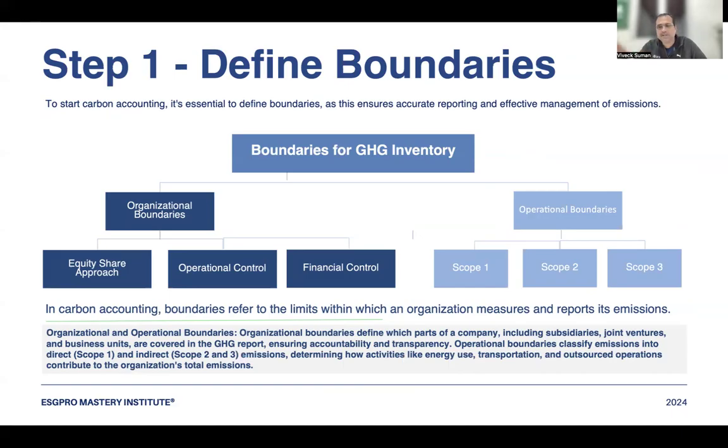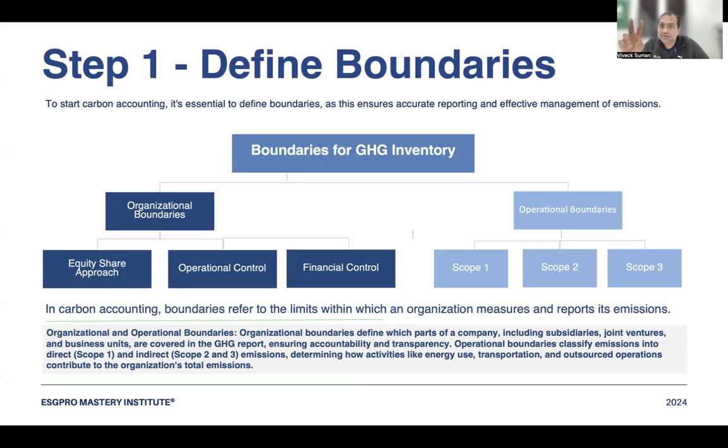Organizational boundary and operational boundary. Now, organizational boundary has 3 different approaches through which you set the organizational boundary so your calculation doesn't go wrong. Which are those? Equity share approach, operational control approach, and financial control approach. Equity share approach, which is kind of financial in nature.